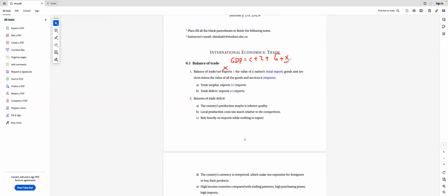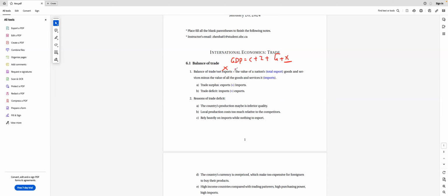You see, the uppercase letter X here represents net exporting. And how do you calculate net exporting? The total value of the exported goods and services minus the value of all the goods and services we import from foreign countries.